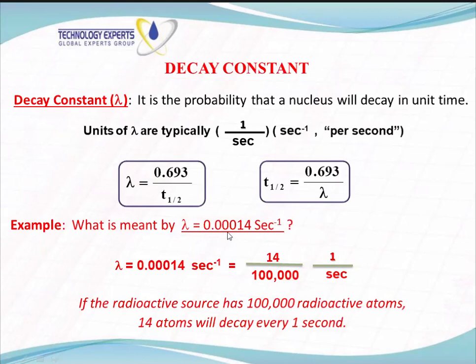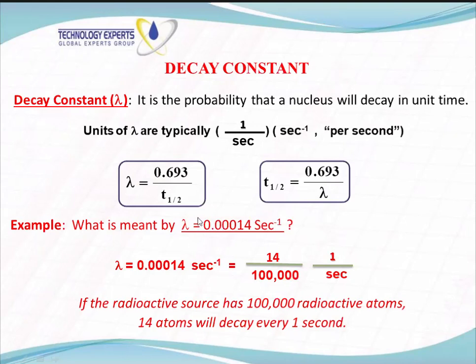Example: what is meant by lambda equal 0.00014 per second, or second minus 1, same way? As a fraction, you can say 14 nuclei will decay among 100,000.